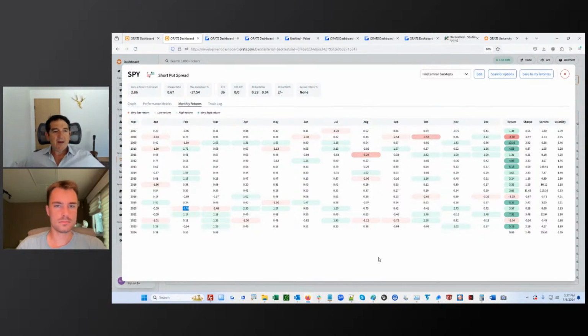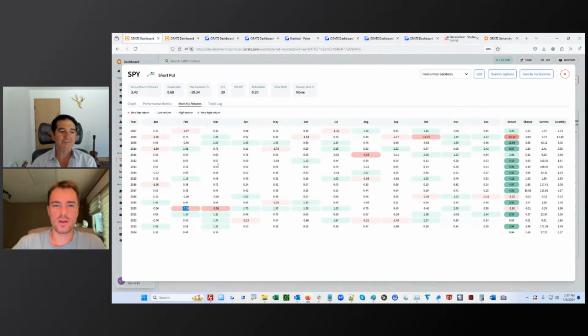So I mean, it has to do with your appetite for risk, but I don't know how you feel about it, Tyler, but I certainly like this short put spread a lot more. Just because why? I'm starting to like it more. Just looking at the monthly returns, just looking at the heat map, there's a lot less red in the spread.